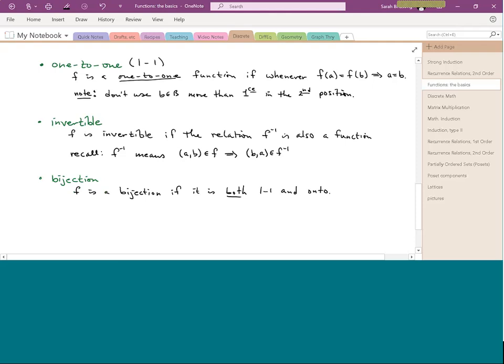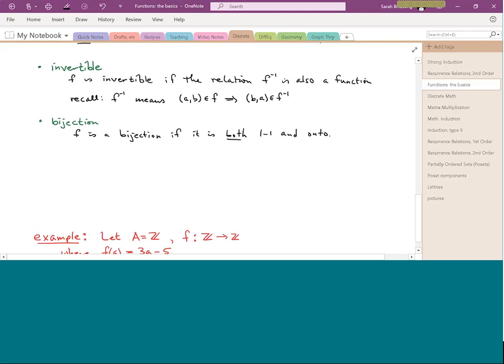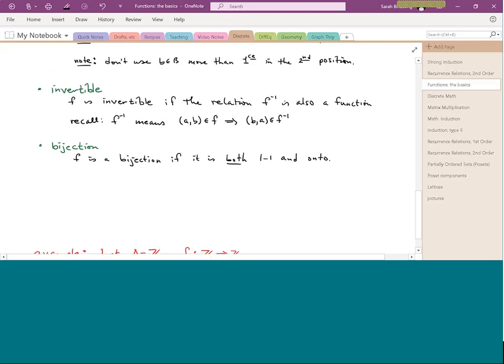One-to-one and onto also have their own fancy words. One-to-one is called injective. Onto is also called surjective. So these guys actually have three names that all sound very similar. The prefixes here totally came from French. But the standard is to go ahead and talk about just one-to-one and onto.